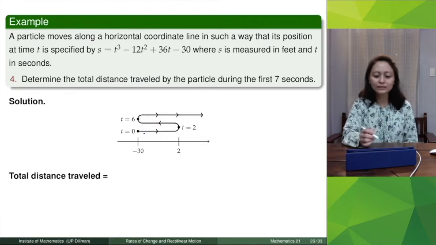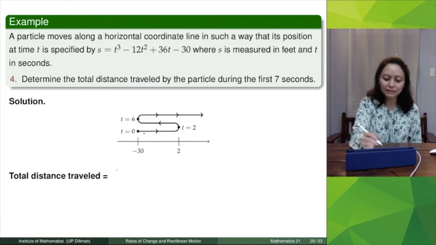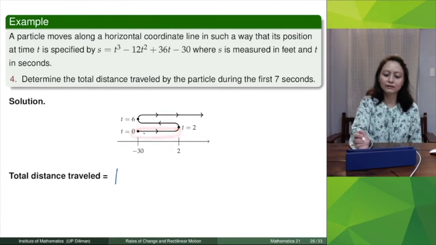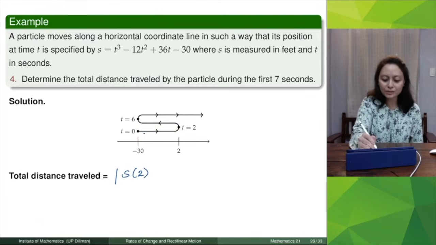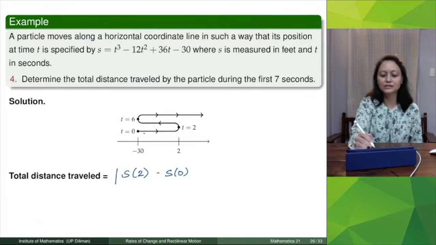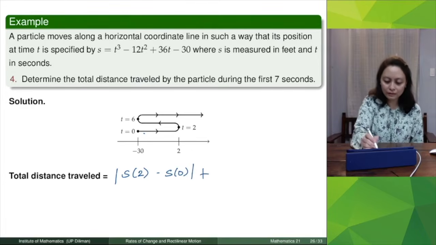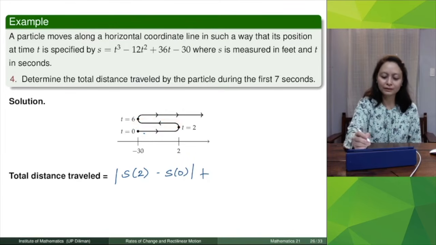Okay, so we can write the total distance traveled to be, first, the distance here. Okay, so that's s of 2, or the position at t equals 2 seconds minus the position at the 0th second. Okay, plus, okay, we consider this part.